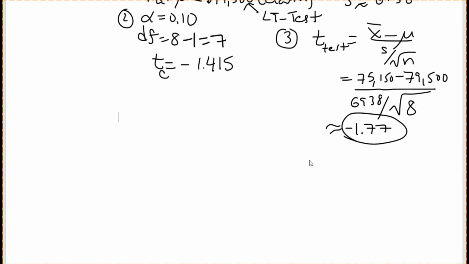Now we're going to go ahead and put those on the graph. Also we'll need to calculate the p-value. So let's do that real quick as well. For the p-value, we need to remember that we're looking at df as 7, and we want to get as close to 1.77 as possible.